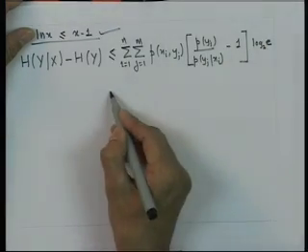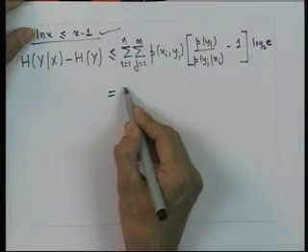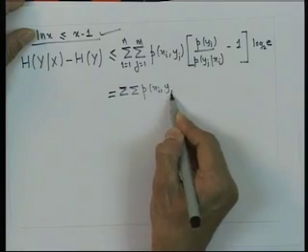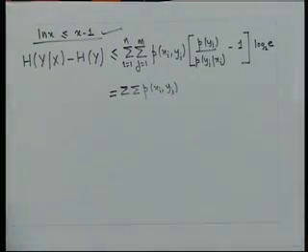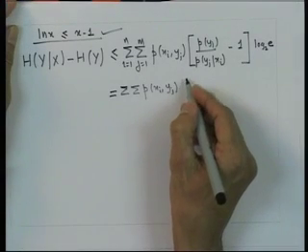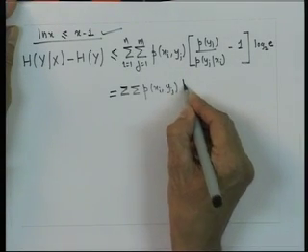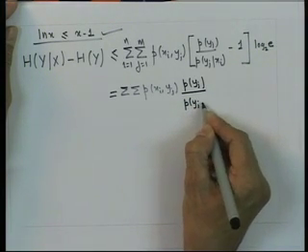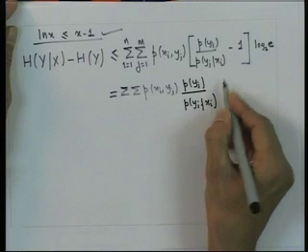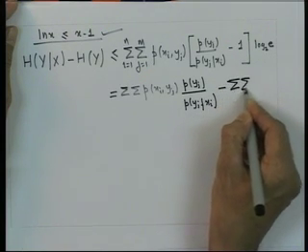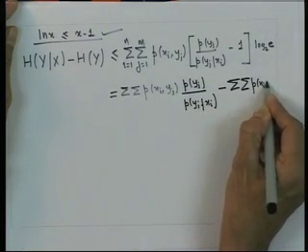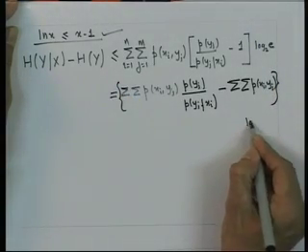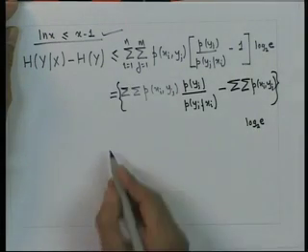Now, this can be simplified as minus double summation of this whole thing, multiplied by log to the e.